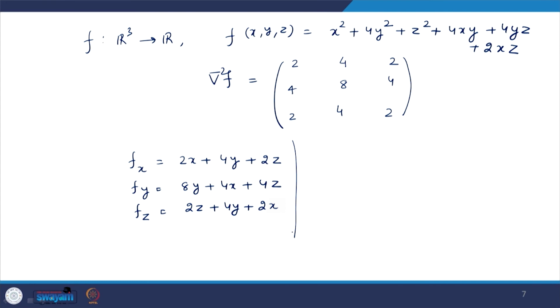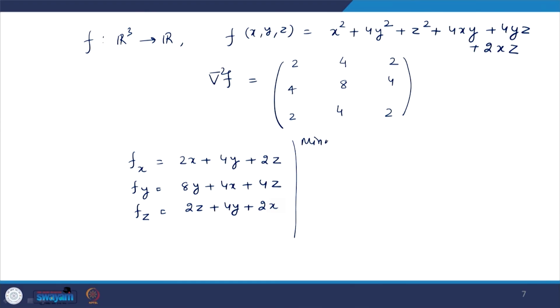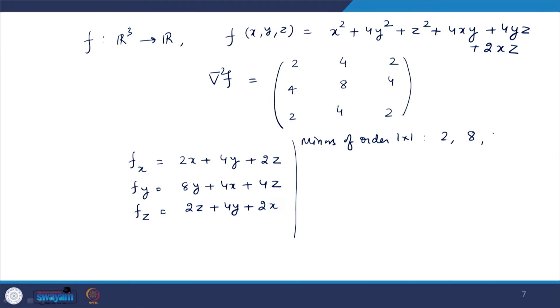So, let us compute all the principal minors of this. First of all, minors of order 1 cross 1. We have already seen minors of order 1 cross 1 are nothing but diagonal elements. So, diagonal elements here are 2, 8 and 2. Okay.